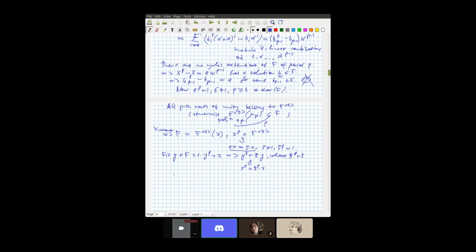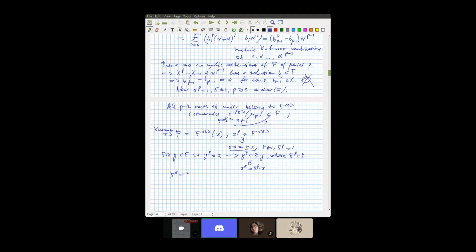Now we want to understand the action of sigma on psi. So let's write that sigma acts on psi. Psi is a primitive root, so any image of a primitive root is again a primitive root.